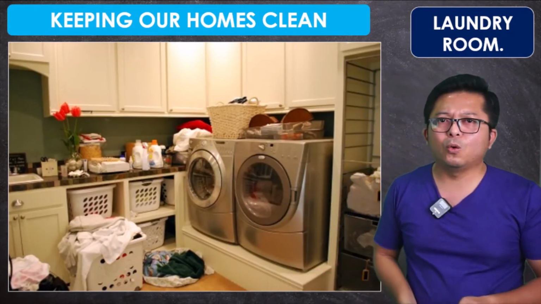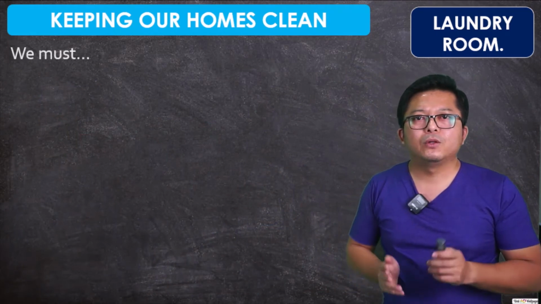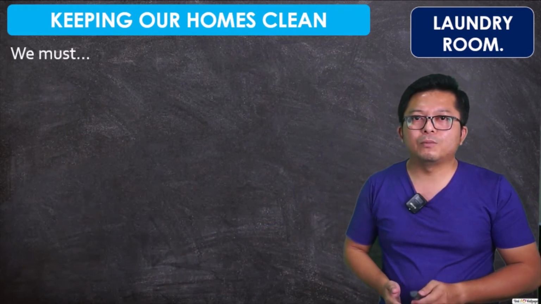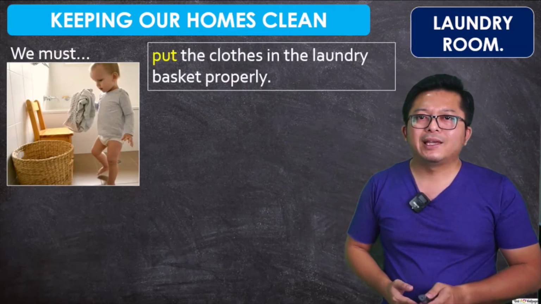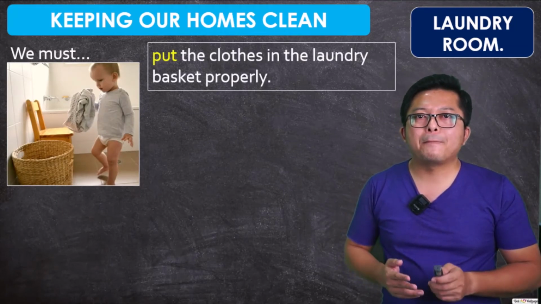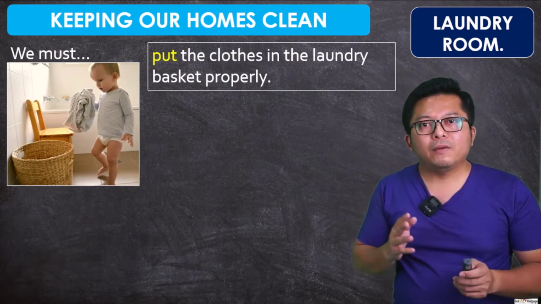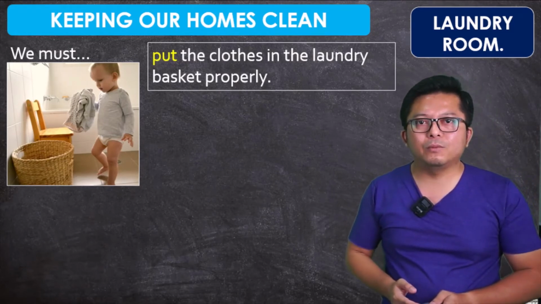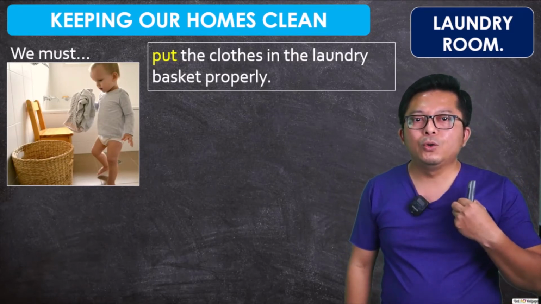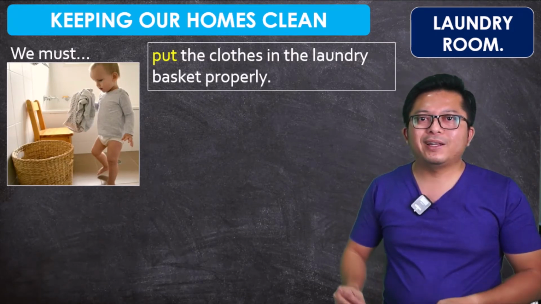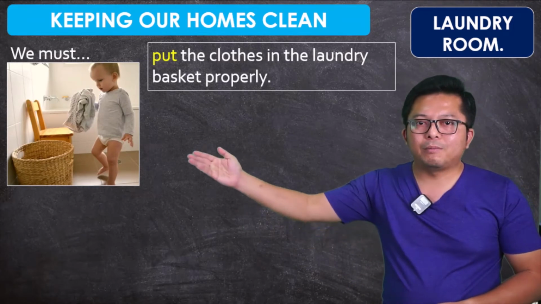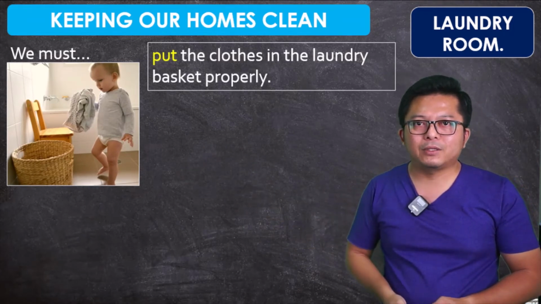So what must we do to keep the laundry room clean? We must put the clothes in the laundry basket properly. If you have a laundry room, you must put your used clothes in the laundry basket like in that picture.